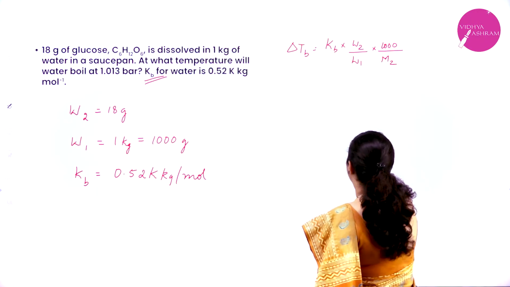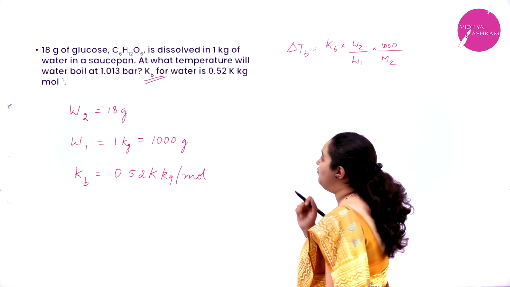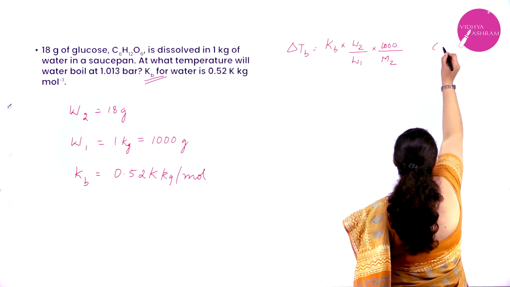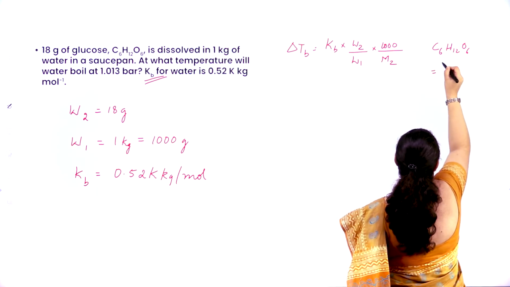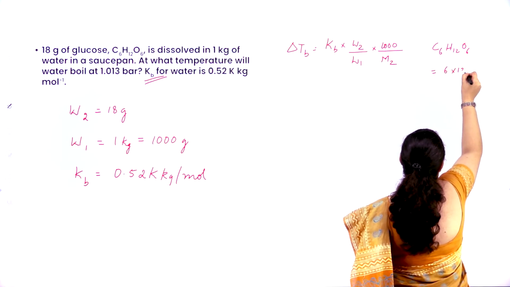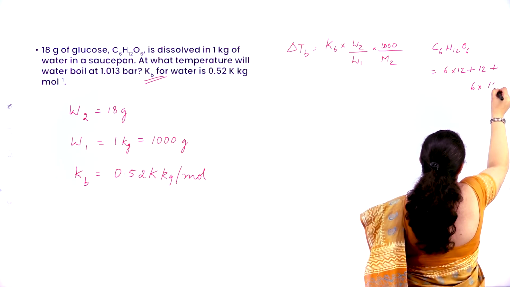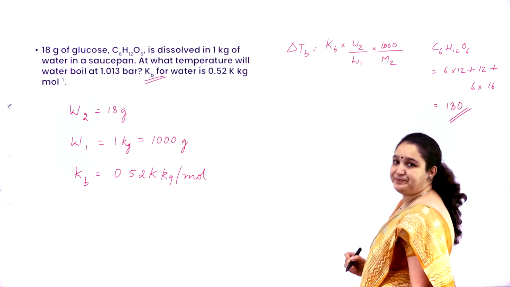Okay, so molecular mass I am supposed to find out. For glucose it is C6H12O6. So I shall write here C6H12O6. So it will be 6 into 12 plus 12 plus 6 into 16, which if I calculate, I'll get it as 180.